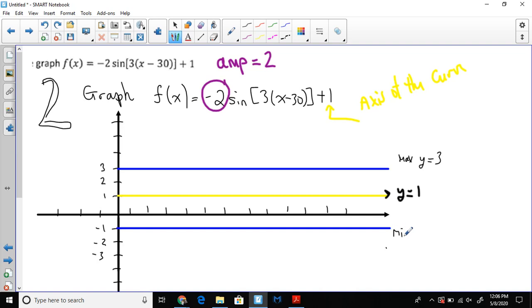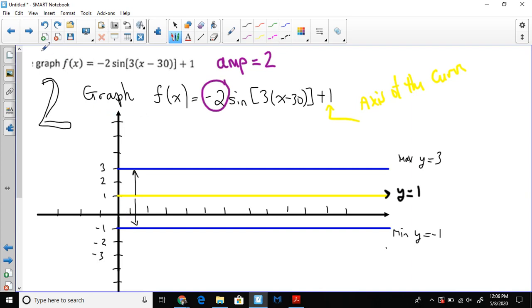My min is at y equals -1. The distance from here to here is 2, and the distance from here to here is 2. Everybody cool with that? Now notice we haven't even begun talking about the scale for the y-axis yet. That will be my next step.